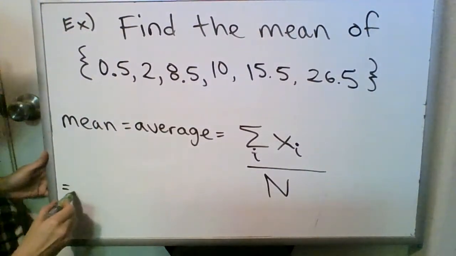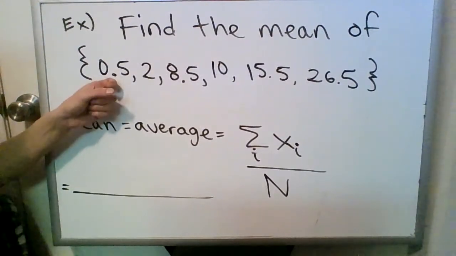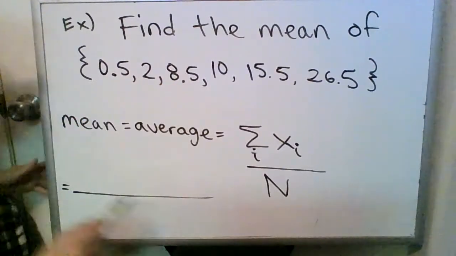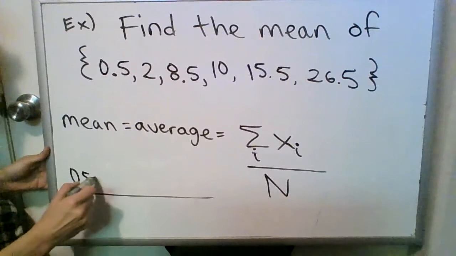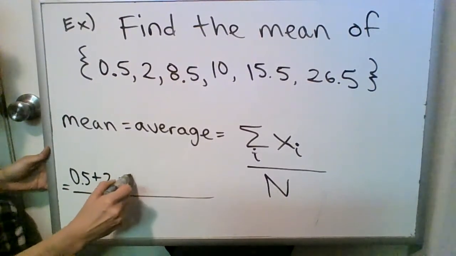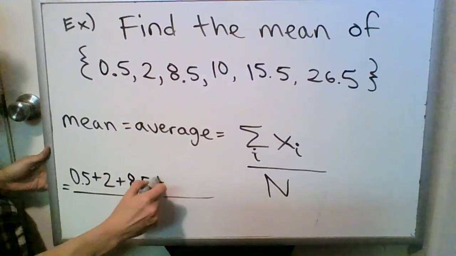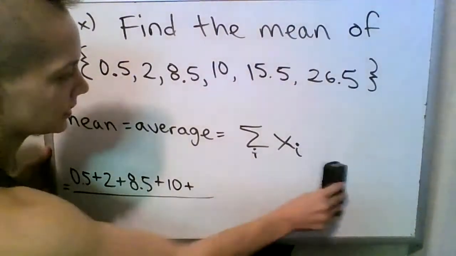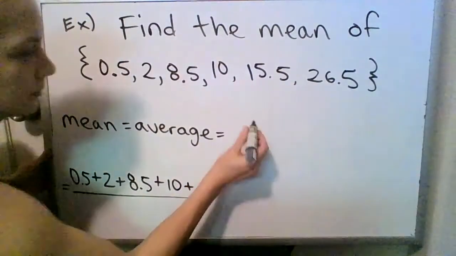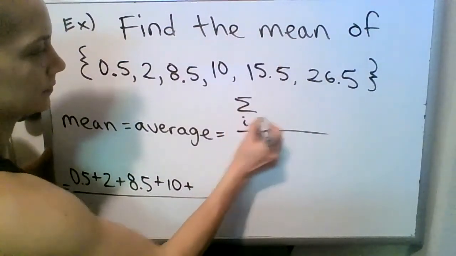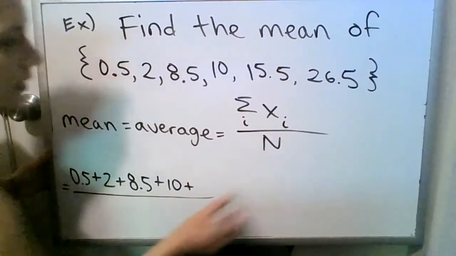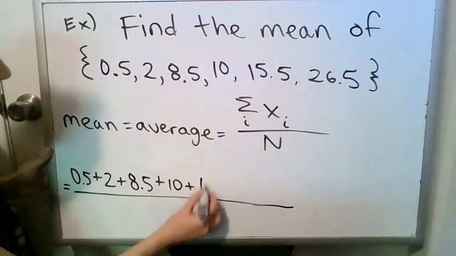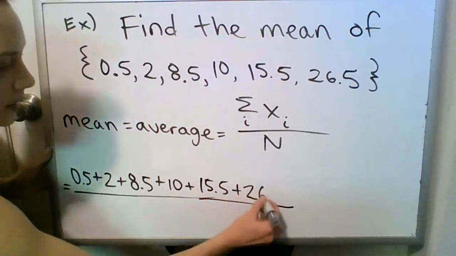Let's do this here. 0.5 plus 2, add 8.5 plus 10 plus 15.5, add 26.5.